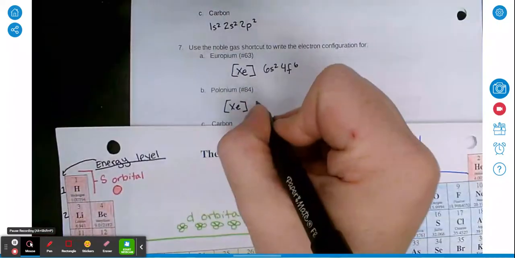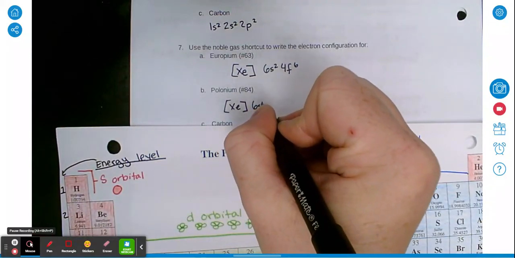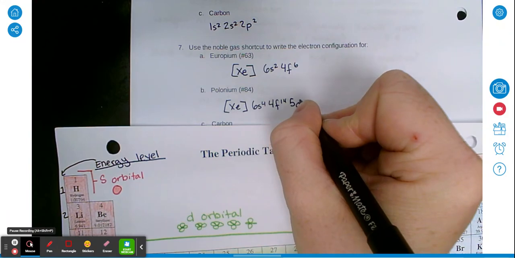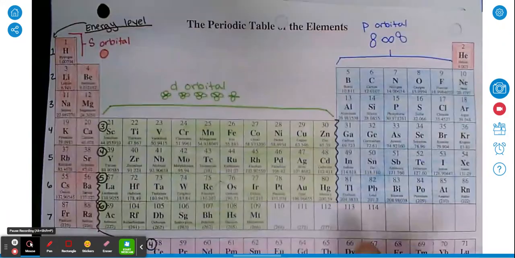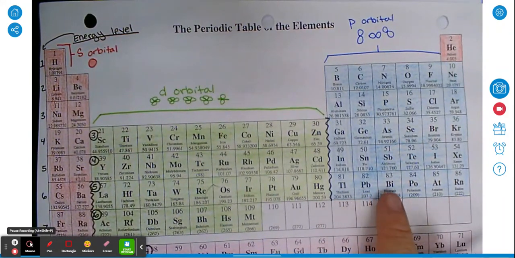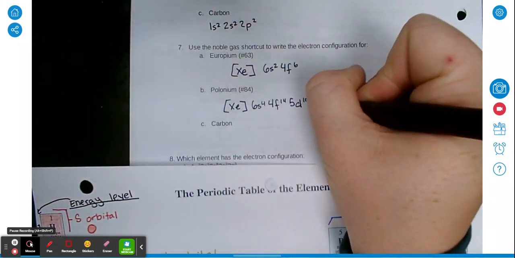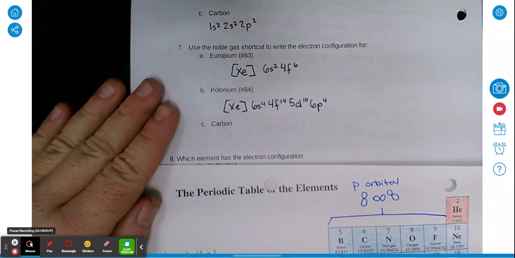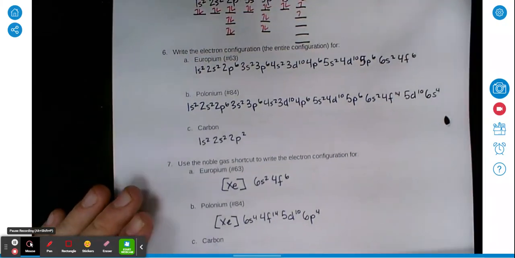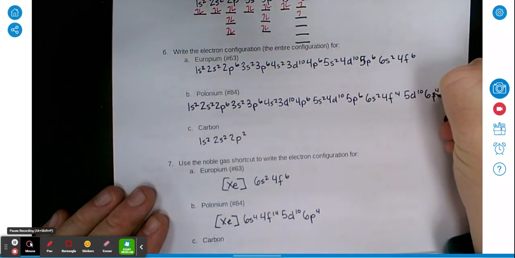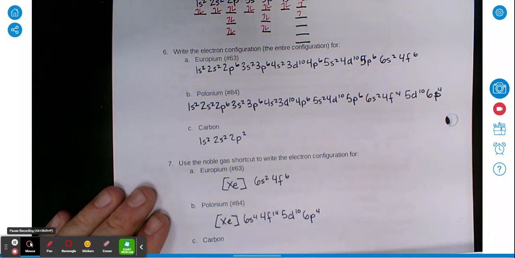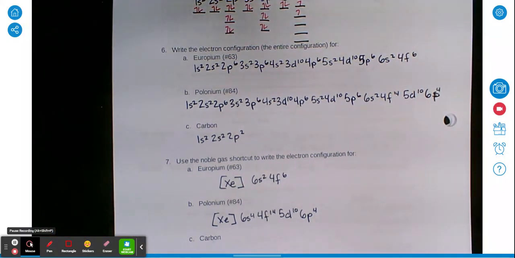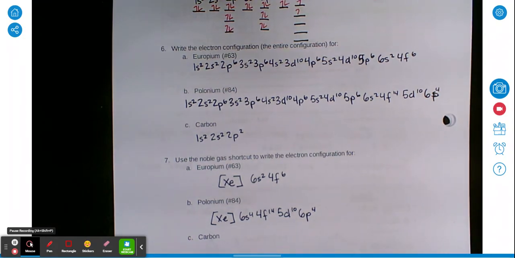I'm gonna write that. 6s2, 4f14, 5d10, then up to 6p, 1, 2, 3, 4, 6p4. Which actually, I just caught that mistake up here. This should be 6p4. Yes, there we go. So make that correction. I hope you caught me earlier when I did that. Sometimes I do.